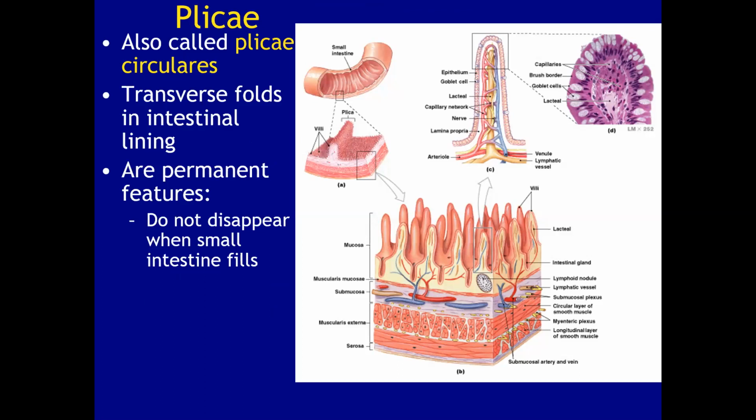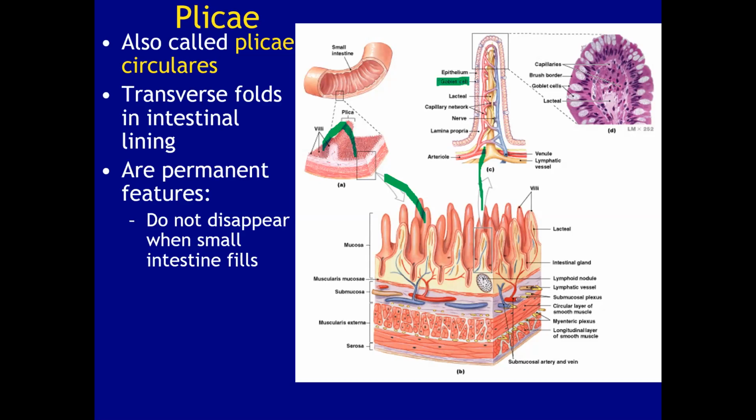So here we have the small intestine. You can see the permanent plica. And with the permanent plica, they have tiny little villi. So you can see here are the villi. And when we take a villi apart and look at it, you can see that there are lymph vessels, there's arterial blood, there's venous blood that you would find within a capillary.